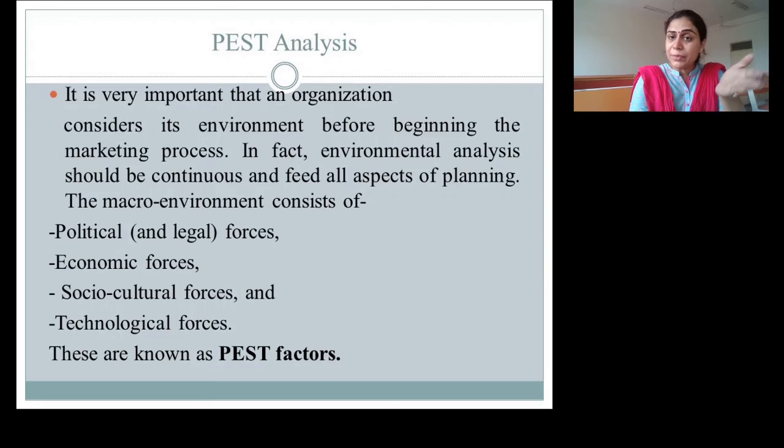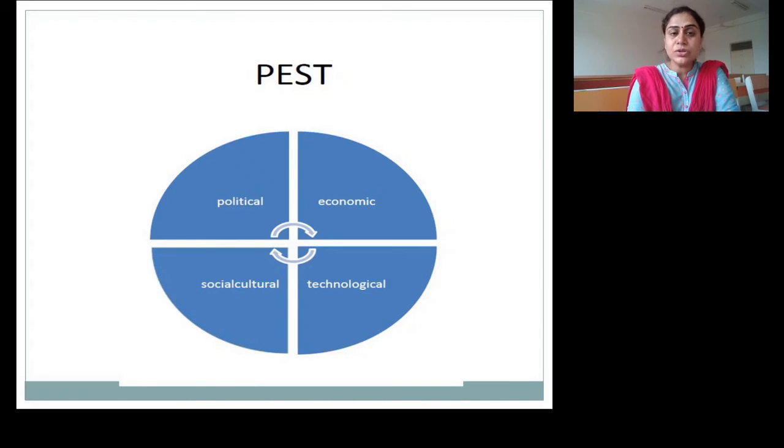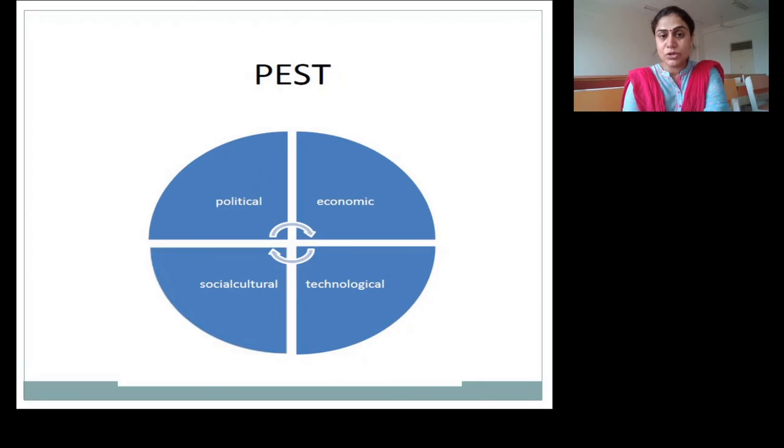The macro environment, as I just discussed at the start of the lecture, comprises political and legal forces, economic forces, socio-cultural forces, and technological forces. They are broadly called PEST factors: political, economic, social, and technological. This picture is going to help you understand what PEST analysis is all about.